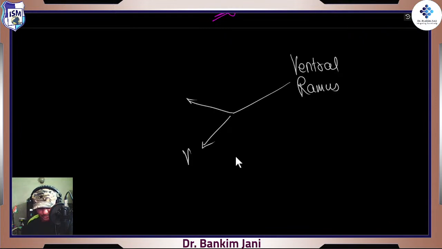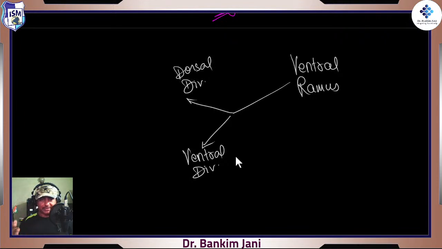So there would be a ventral division and a dorsal division. Whosoever is anterior will be supplying. So what will the ventral division do? The ventral division will try to decrease the distance, right?